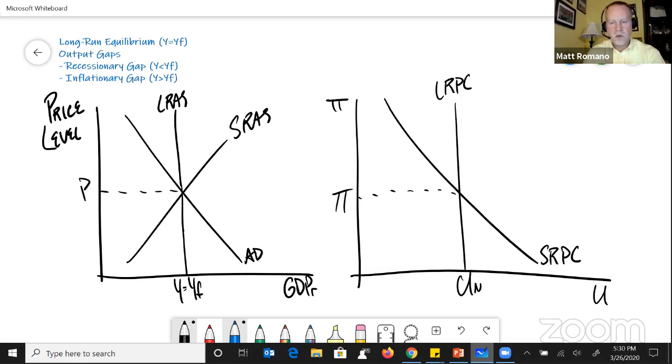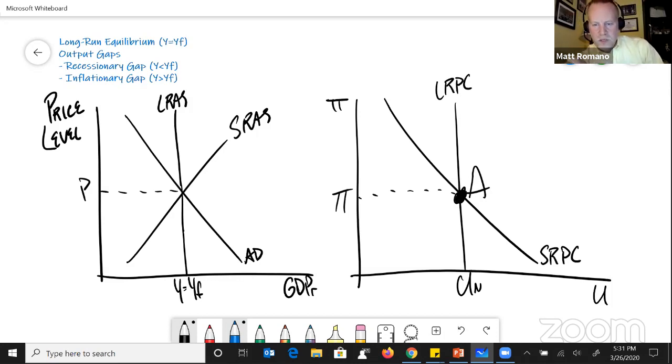Well, that's what I have drawn for you already. We have inflation on the y-axis, unemployment on the x-axis, a downward sloping SRPC, and a vertical LRPC. This equilibrium here, I'll call it point A. That point where SRPC and LRPC intersect represents our long-run equilibrium.